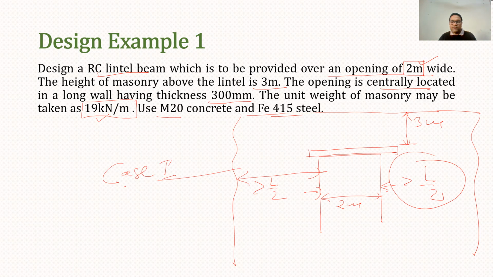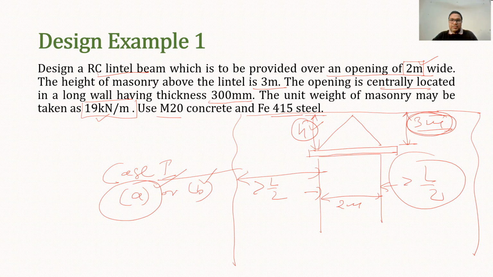But in case 1 we have two cases, whether it will fall in case A or case B. In case A, it will fall only when we have this equilateral triangle within this height, which means the height of equilateral triangle, this H, should be less than 3 meter. Then only it will fall in case A. If the value of H is more than 3, in that case it will fall in category B.